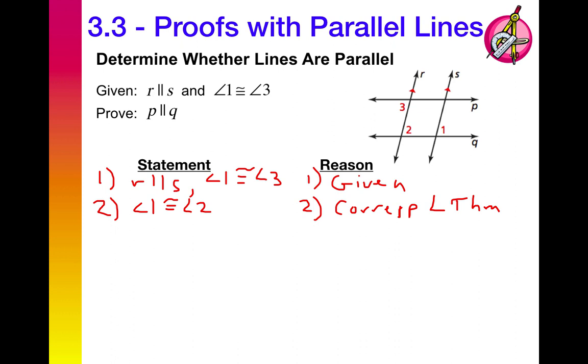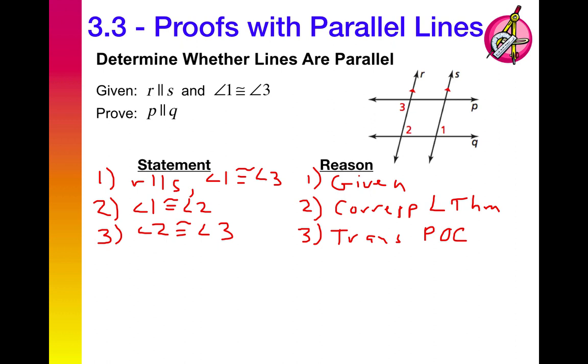Now we can put together the fact that we have 1 congruent to 2 and 1 congruent to 3, so now we can say that 2 and 3 are congruent to each other. So angle 2 is congruent to angle 3 because of the transitive property of congruence.